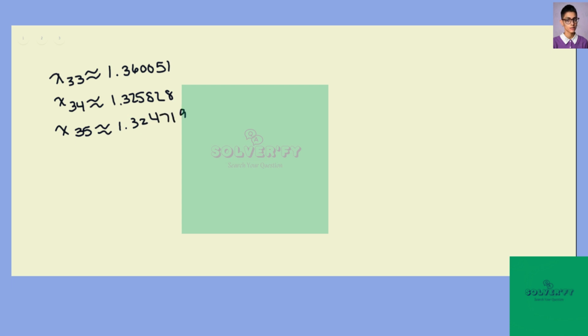See what's happening? We're getting closer. X sub 36, 1.324718, and that's going to equal x sub 37. Whoop, whoop, we're done. That deserves a red rectangle.